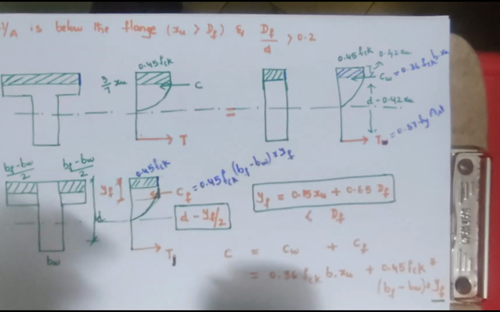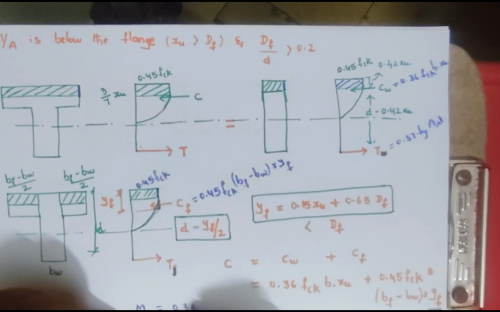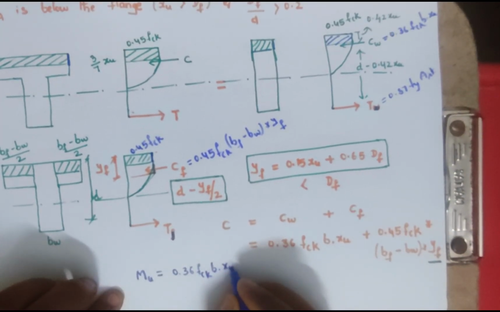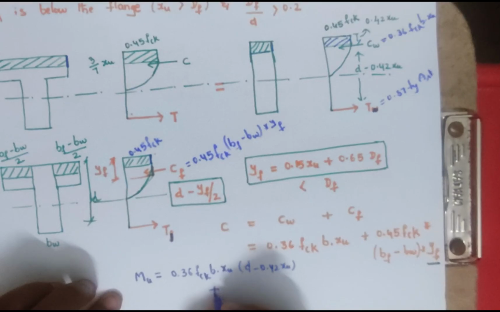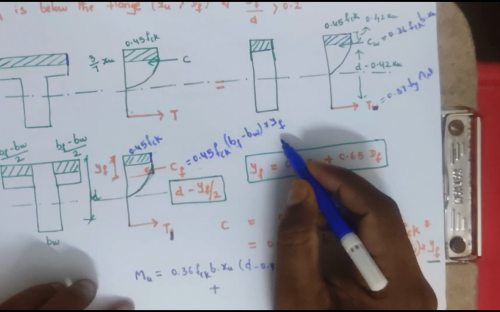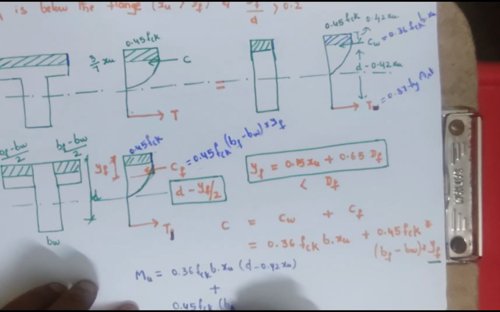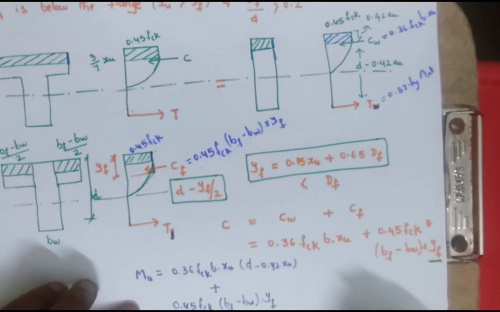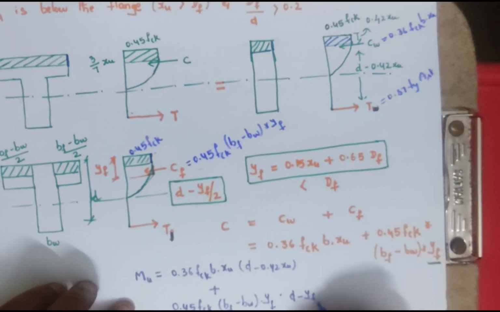Now coming to the moment of resistance: this force into lever arm, 0.36 fck b into xu into the lever arm, which is d minus 0.42 xu, plus the compressive force in the flange, that is 0.45 fck (breadth of the flange minus breadth of the web) into the modified thickness yf, multiplied by, what is the lever arm here? d minus yf by 2.